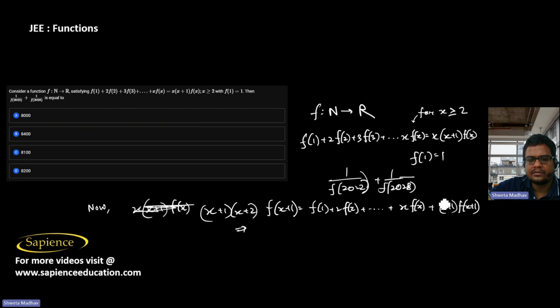So therefore, if we take this on the left hand side, then we will get (x+1) f(x+1) into (x+2) minus 1.